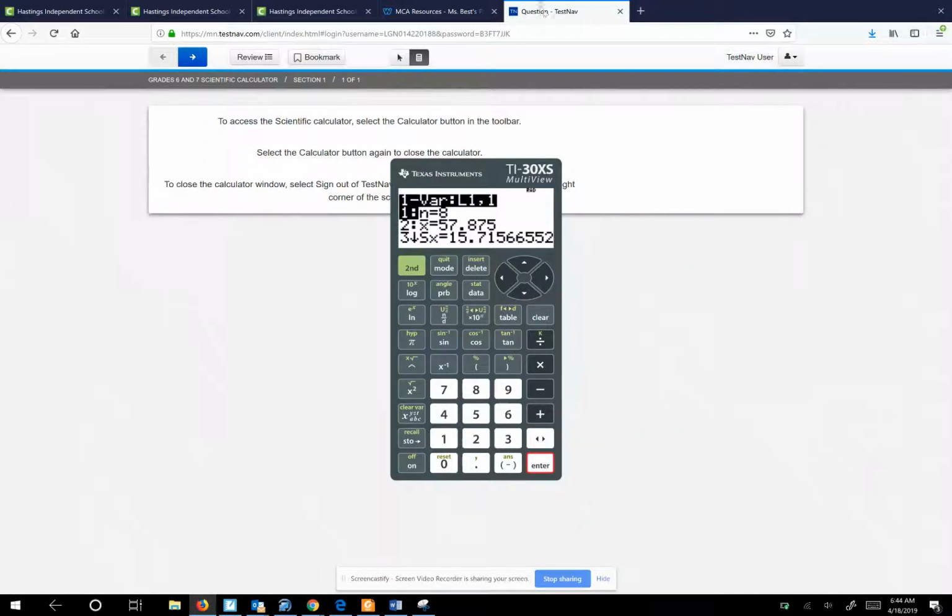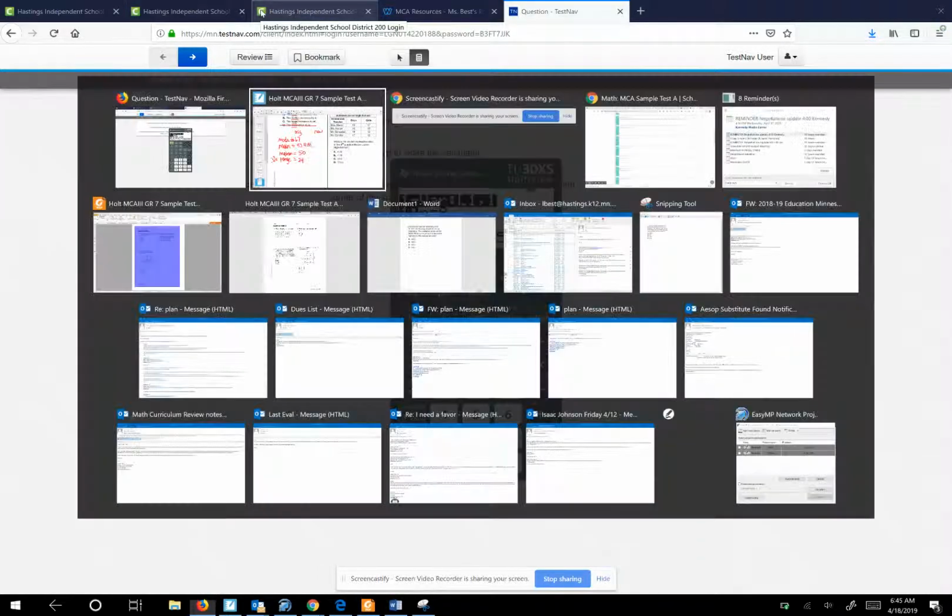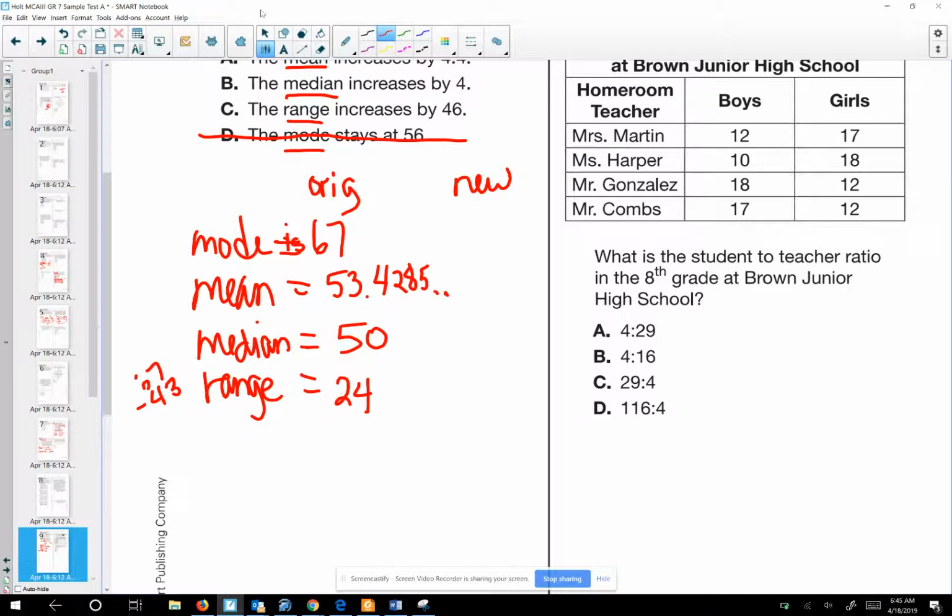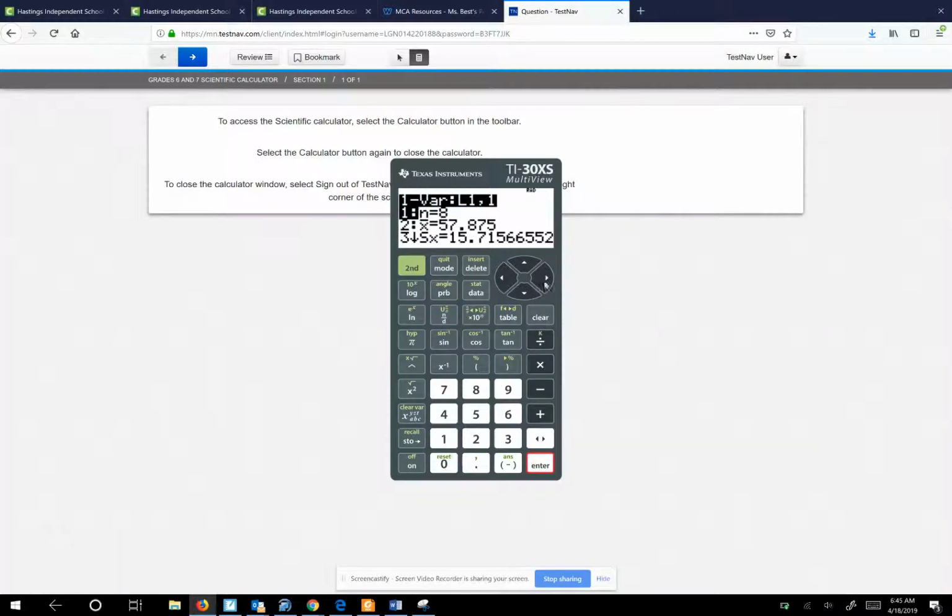Let's see what changed. X bar says 57.875. Hey, the mode is still 67. That did not change. The median, let's keep scrolling down through your list.